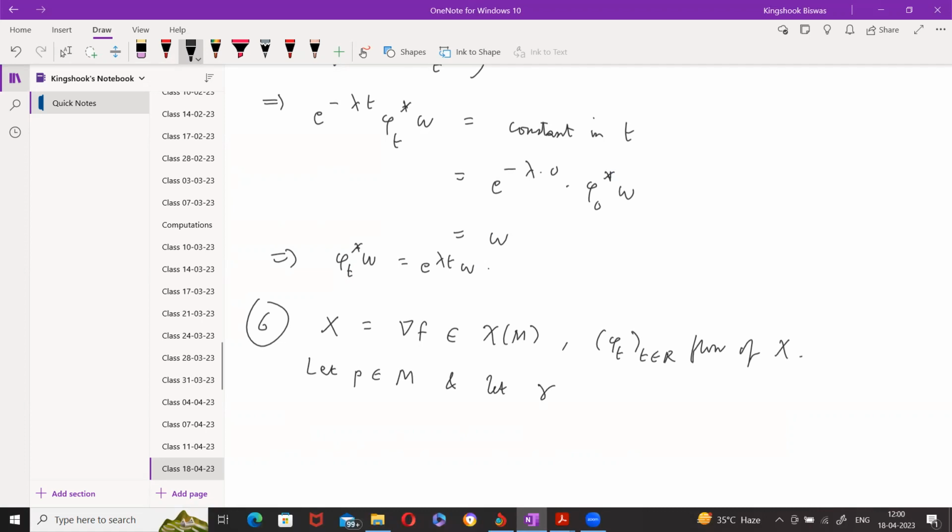And let gamma of t be phi t of p, the integral curve through p.